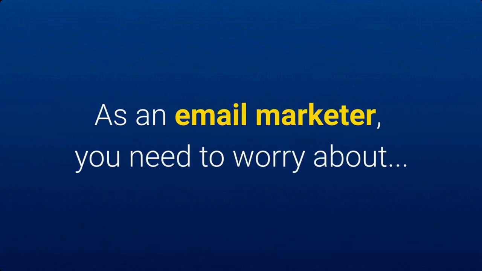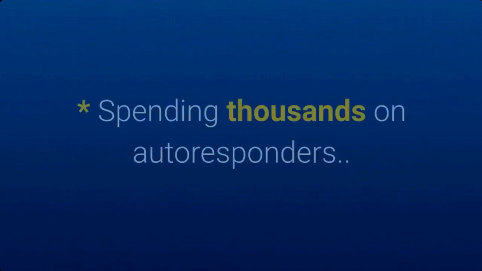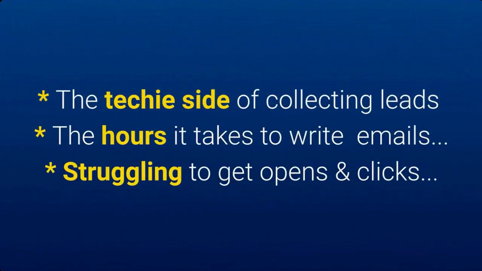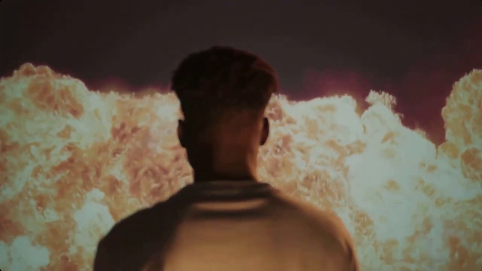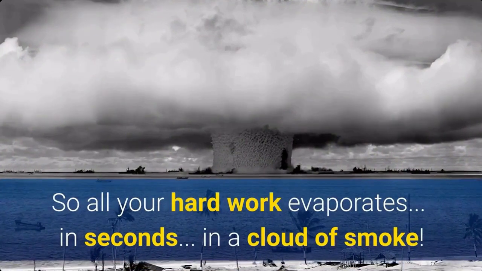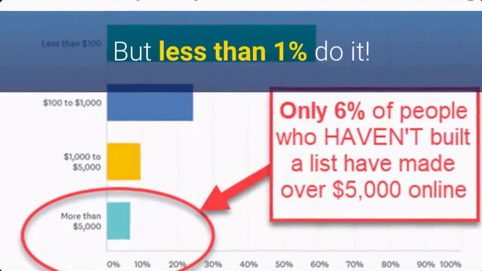As an email marketer, you need to worry about creating lead magnets, designing squeeze pages, spending thousands on autoresponders, the techie side of collecting leads, the hours it takes to write out emails, struggling to get opens and clicks, and worst of all, the constant fear that you might get banned by an autoresponder at any time and for any reason. So all your hard work evaporates in seconds in a cloud of smoke. Ugh. No wonder 95% of marketers know they should be list building, but less than 1% do it.